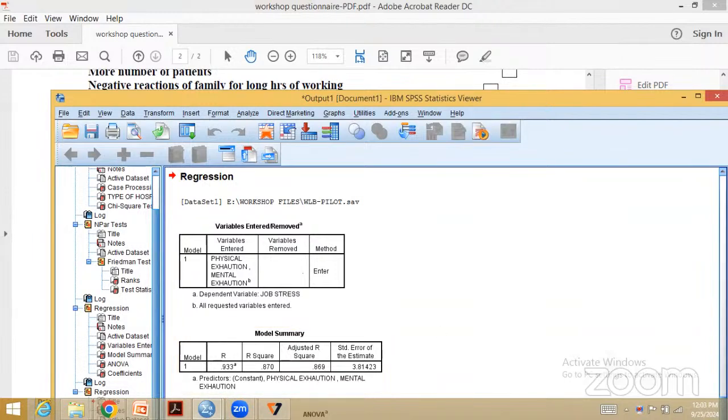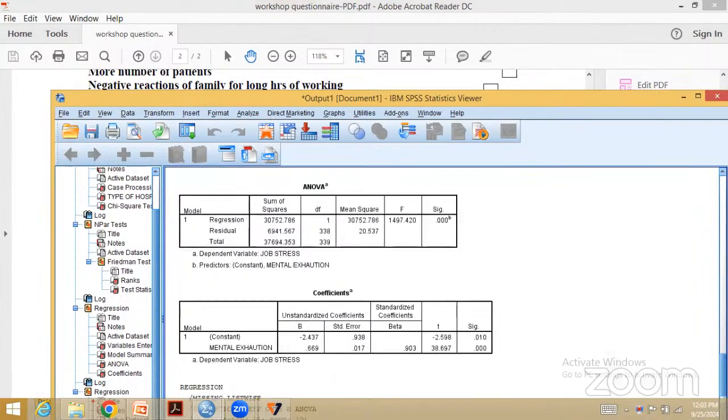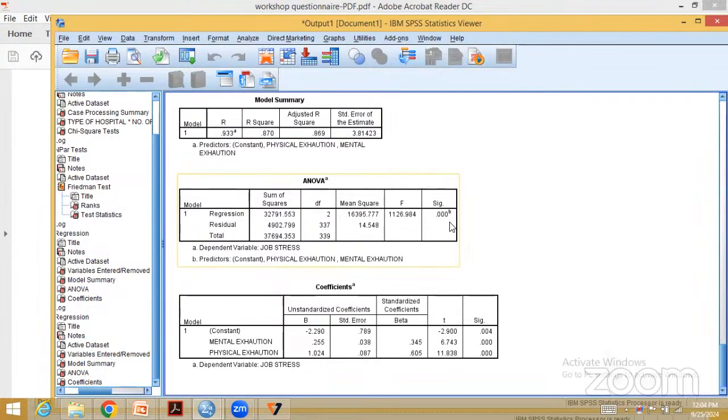Then another significant one. Here, mental exhaustion p-value is significant. What is the coefficient here? Mental exhaustion 0.255. Physical exhaustion 1.024.